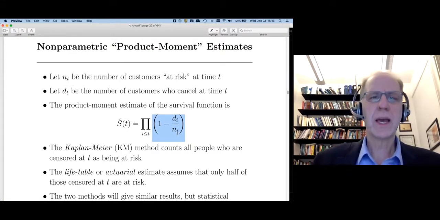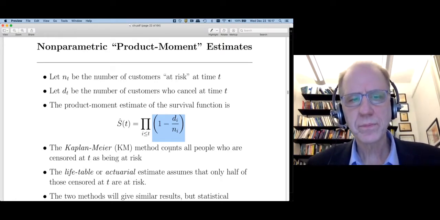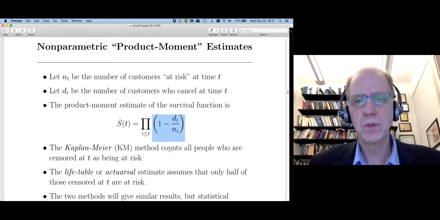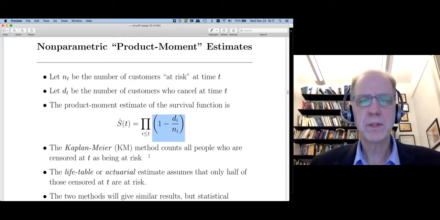Now, what's the difference between a Kaplan Meier estimator and a life table or actuarial estimate? The Kaplan Meier estimator, I think, is the simplest of these, and it counts all people who are censored at time t as being at risk.